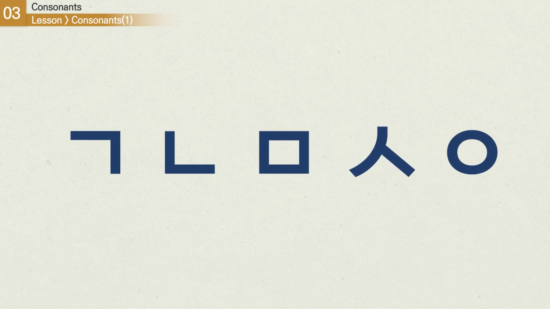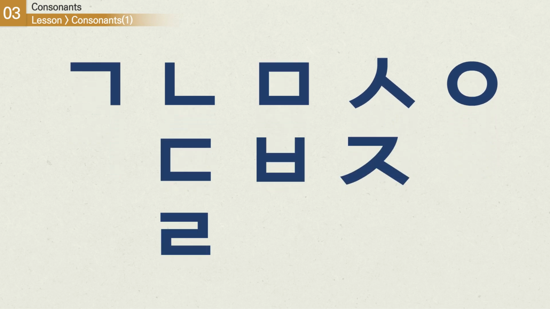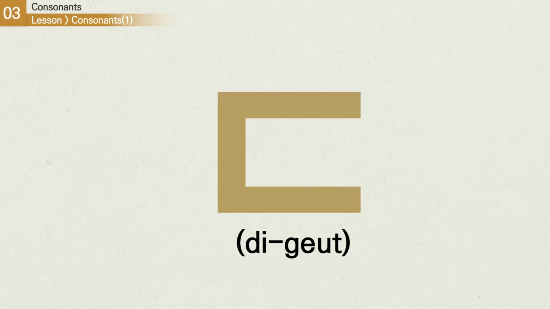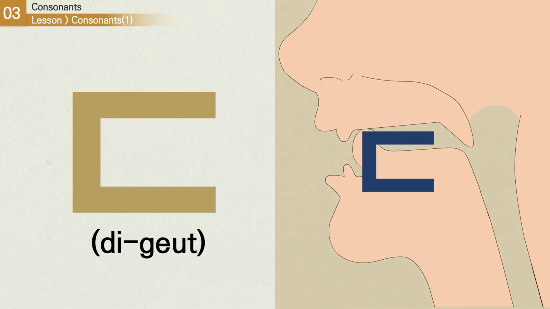Now, let's find out how we can make new consonant characters based on the ones we just learned. First, if you take the character niun and add a line on top of it, it makes the character tigut. Like niun, tigut requires you to place the tip of your tongue against your upper teeth.